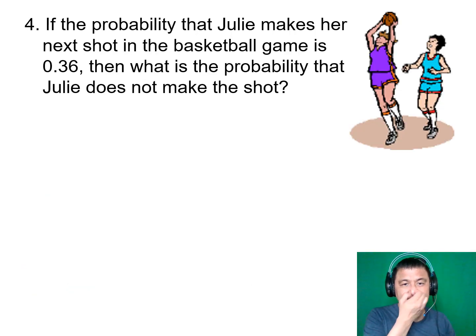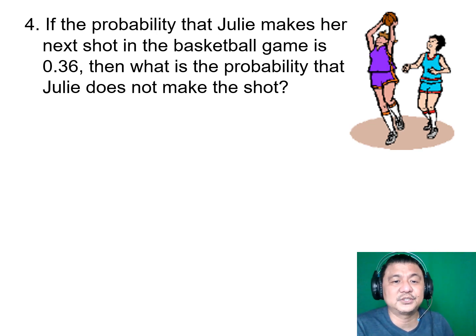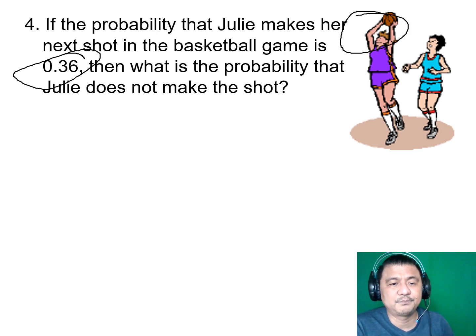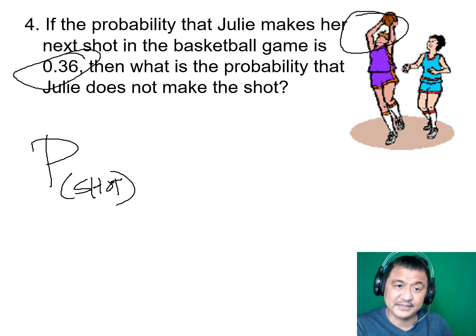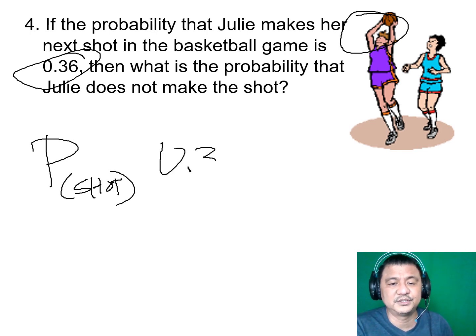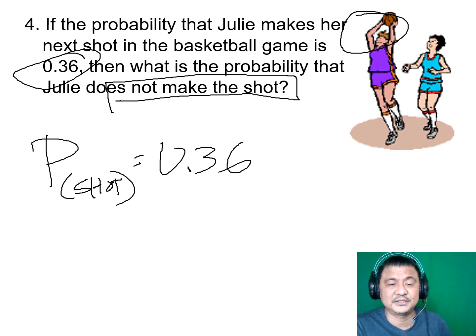Next, if the probability that Julie makes her shot in the basketball game is 0.36, okay, she's a good player. What is the probability that she does not make the shot? Okay, let's see. 0.36, complement.